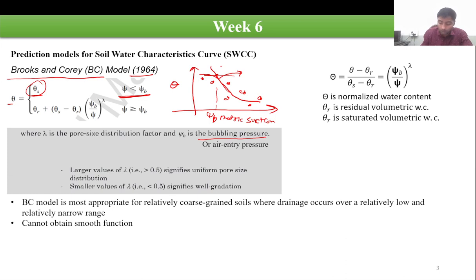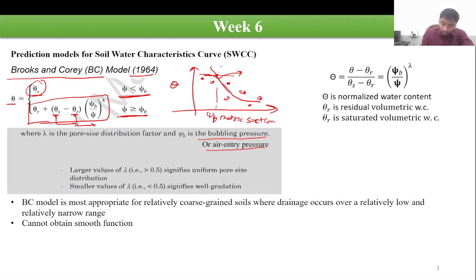After the point of bubbling or air entry, the function given by Brooks and Corey is that the water content will be equal to theta r, the residual volumetric water content, plus theta s minus theta r, that is the volumetric water content at saturation minus the residual water content.